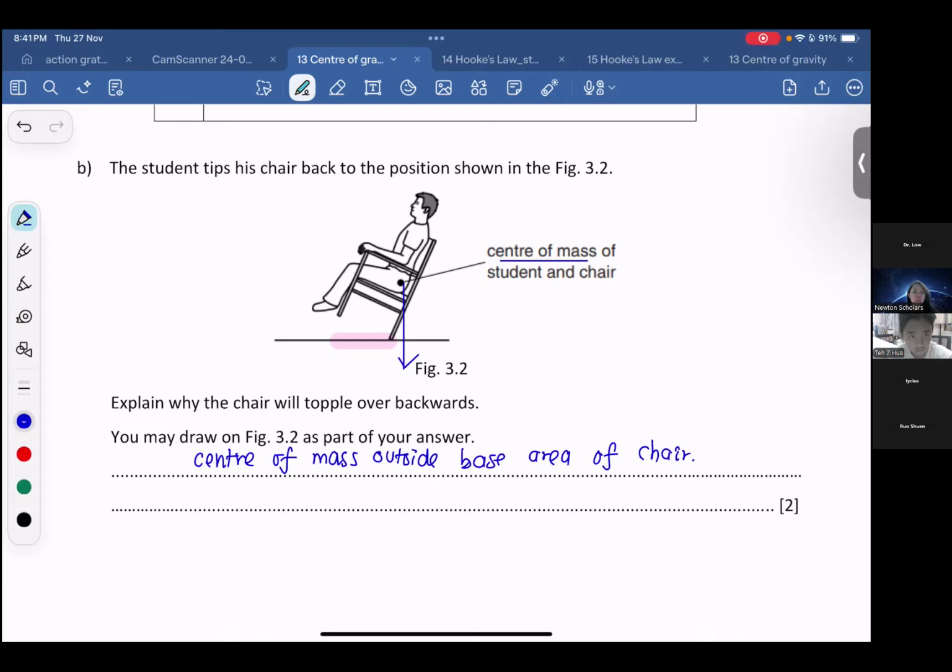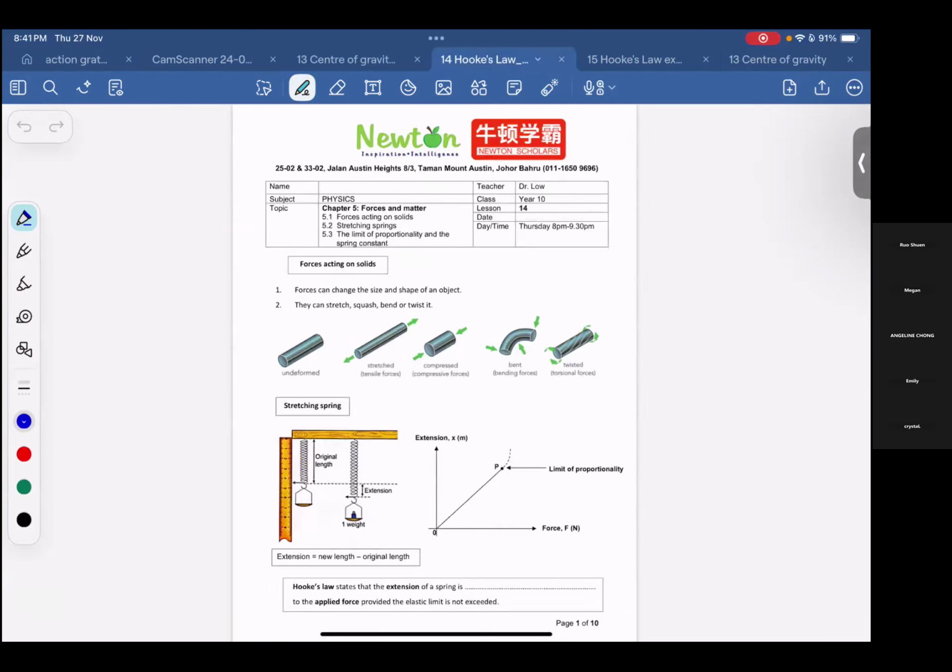Megan, okay. Emily, okay. Who else? Crystal, okay. Xuan, is it okay, Xuan? Lisha says okay? Xuan, okay. Megan, okay? Okay, dear, we go to the next chapter.